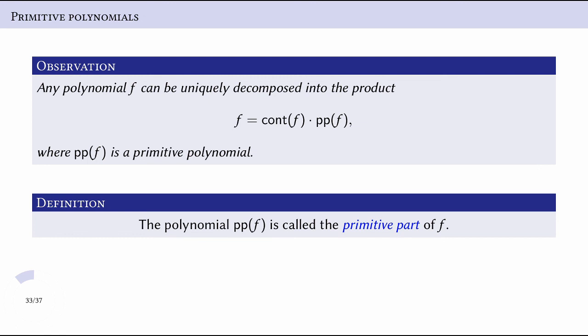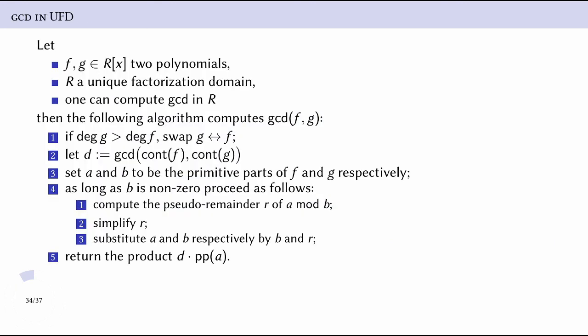And now the algorithm that computes the greatest common divisor over a unique factorization domain looks like this. It closely resembles the standard Euclidean algorithm. There are only a few things that change. First of all, when we start, we ensure that the degree of f is greater than or equal to the degree of g.